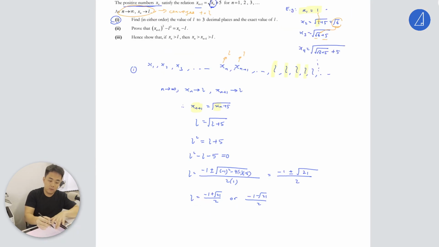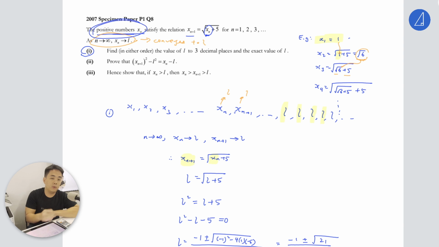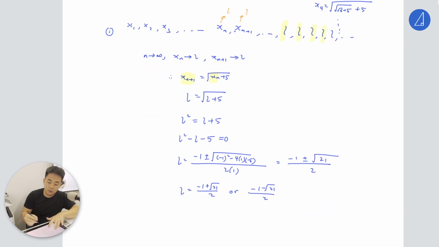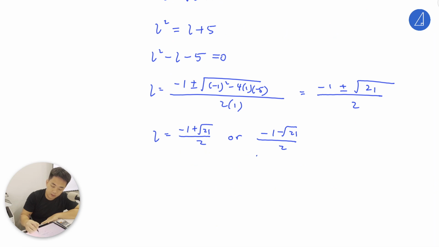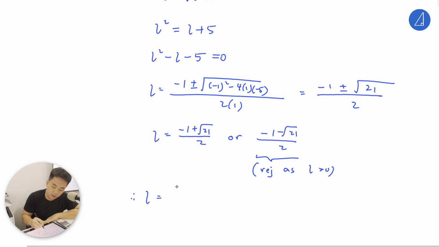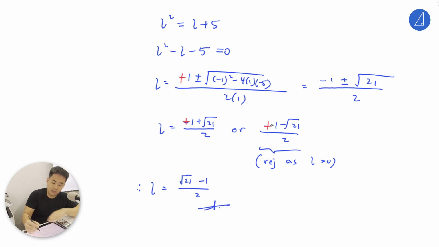The question says it's a positive number, so you just reject the negative value, as L is positive. They are all positive values. So this is root 21 minus 1 over 2. Careless, it's minus b, so this is plus: L is (1 plus root 21) over 2.